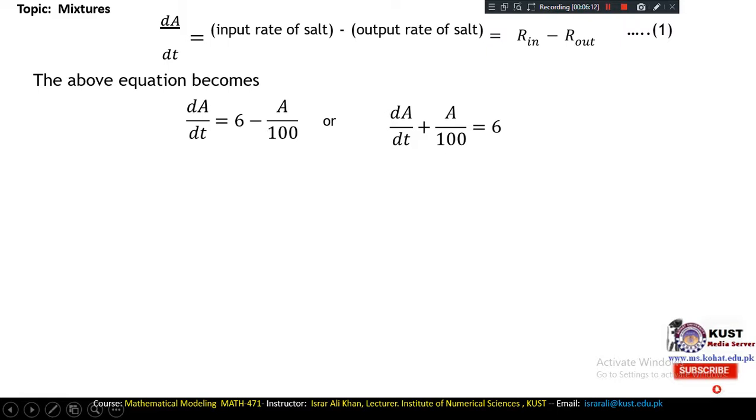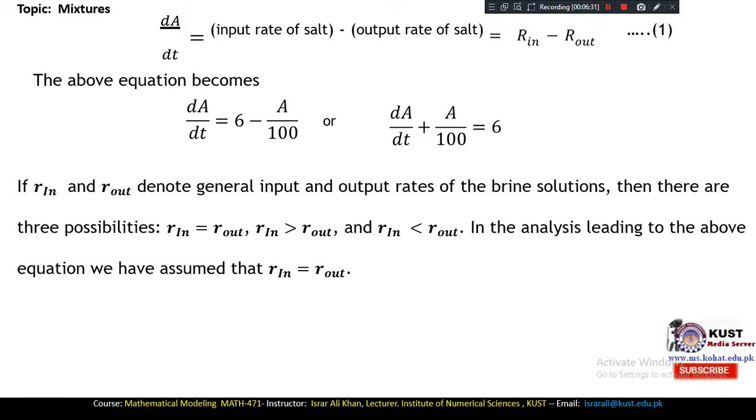So we know that 6 is the input rate of salt, meaning with every minute 6 pounds of salt is entering into the tank, and A divided by 100 pounds of salt is pumping out from that tank.